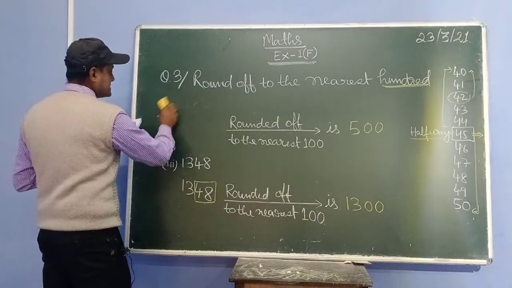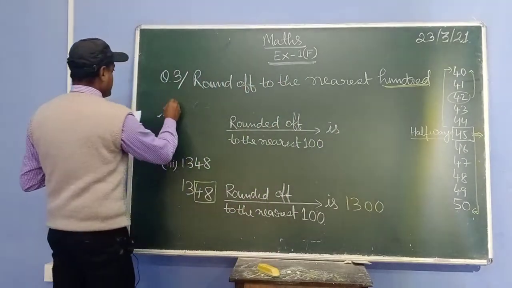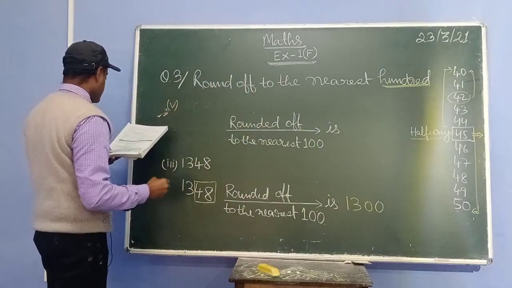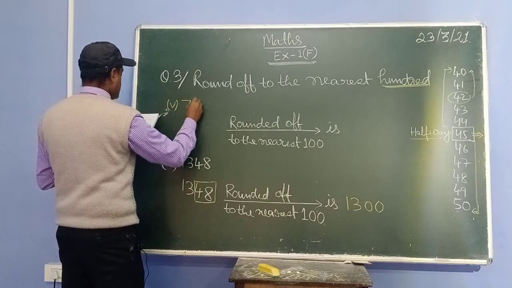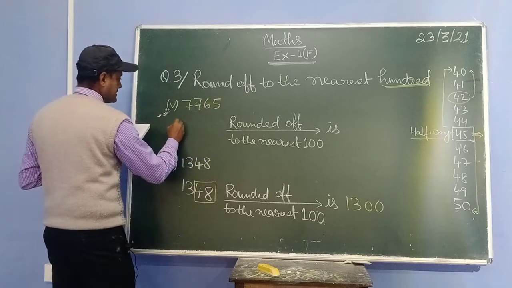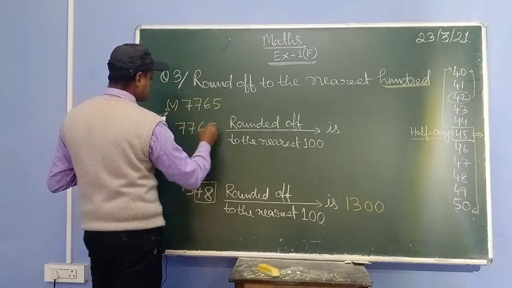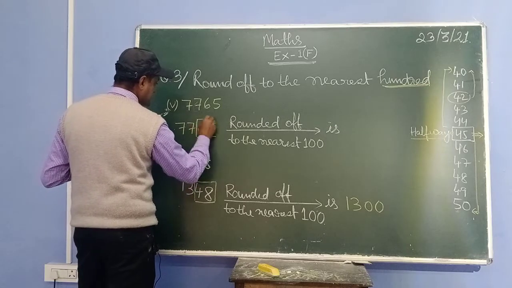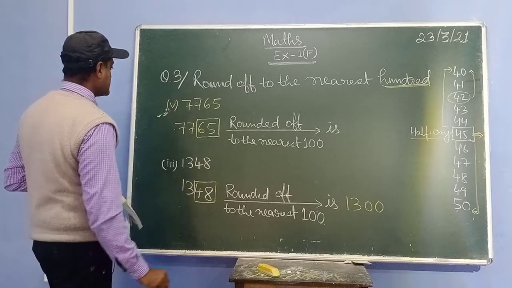In the same way, we will do part 5. Part 5 is 7765. Nearest to 100 means we will see again these two digits. 65 is more than 50. Yes, the condition is right.